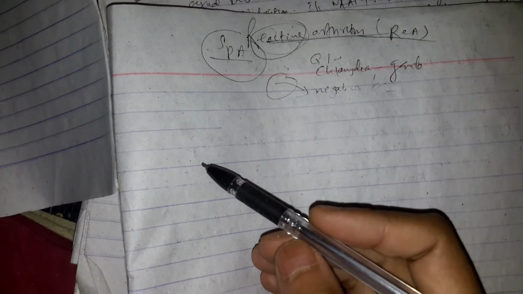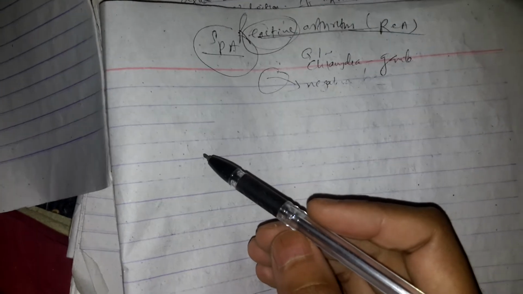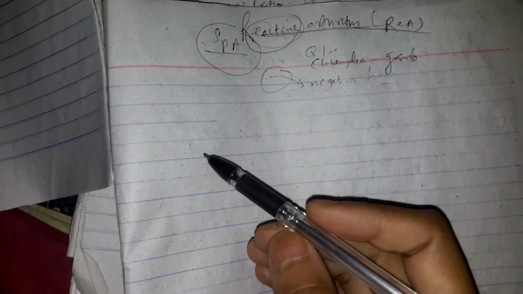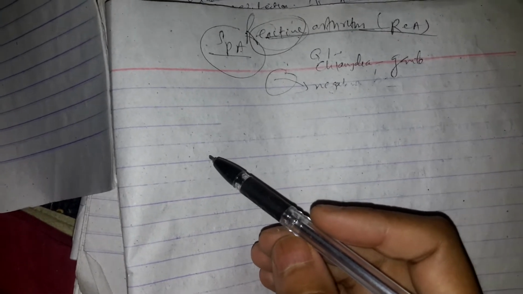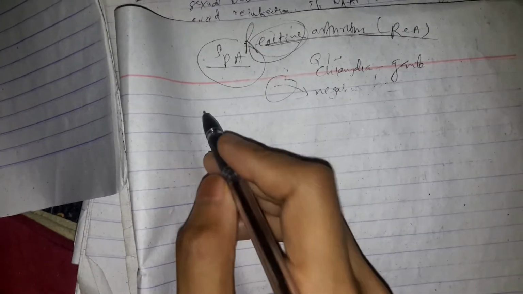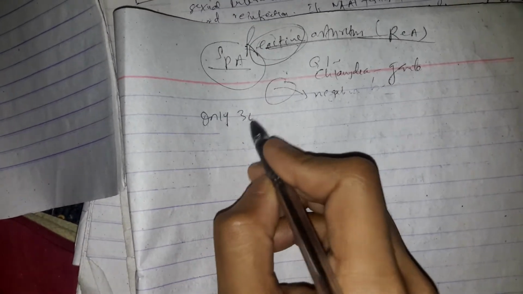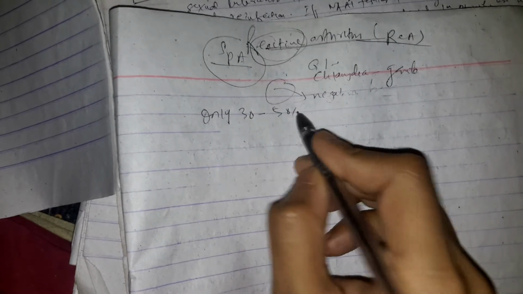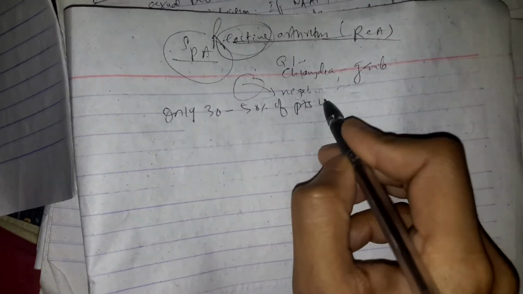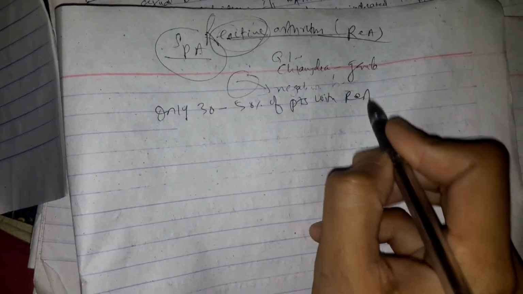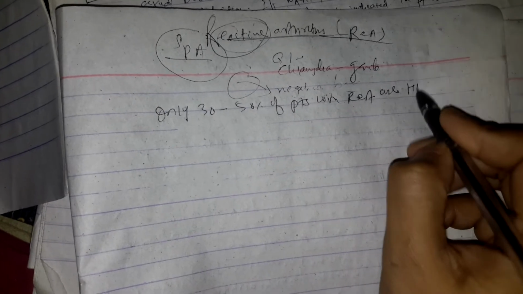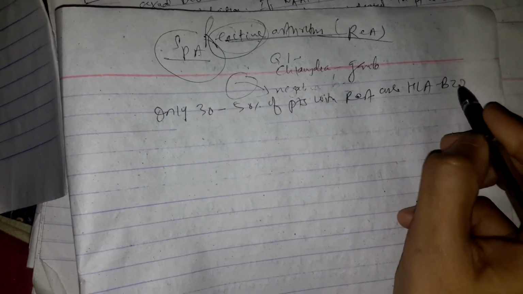Okay, and only 30 to 50% of patients with reactive arthritis are HLA-B27 positive. So let's write down, only 30 to 50% of patients with reactive arthritis are HLA-B27 positive.